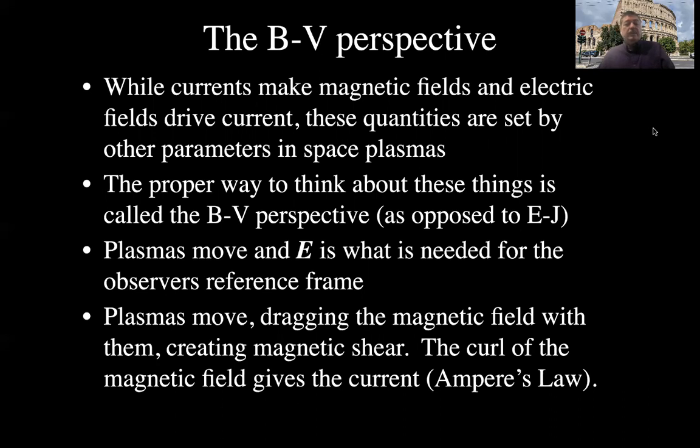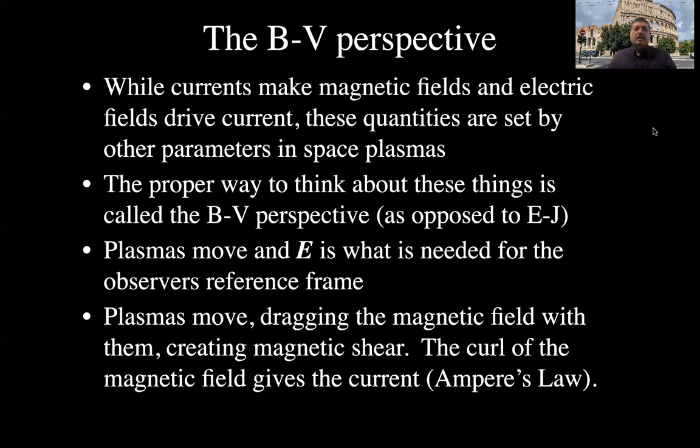And the curl of the magnetic field is what gives the current. And that's Ampere's law, turning it around, that the curl of the magnetic field is the current rather than the current generating the magnetic field. And it works this way just because of the scale of the system in space. Here in the lab, I flip a switch and I put a current through, and the magnetic field adjusts to that current so that it matches Ampere's law.